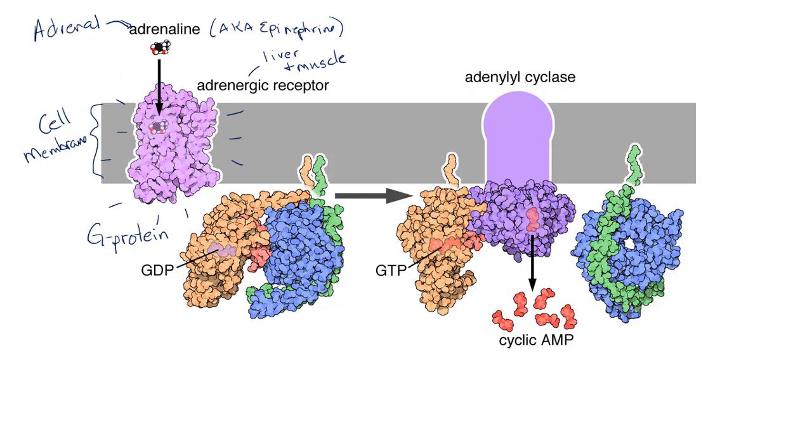Once the receptor becomes activated, that causes the G protein to do something called GDP-GTP exchange. So this GDP that the inactive G protein was holding is released, and a brand new shiny GTP from the cell is picked up and bound instead.